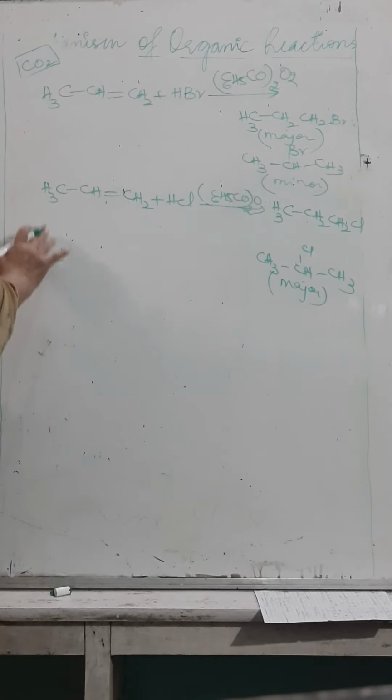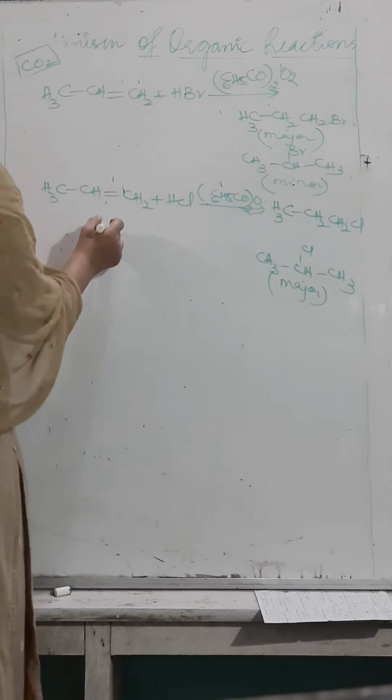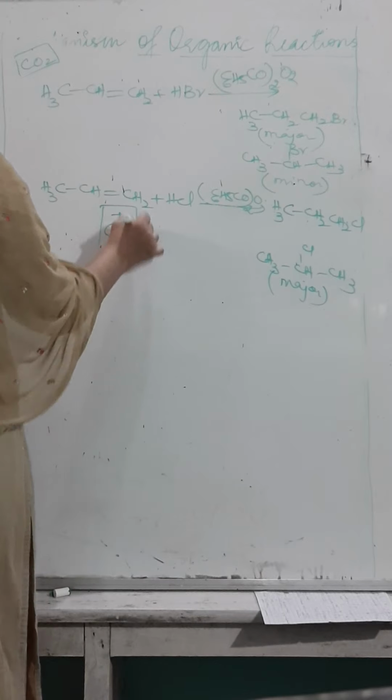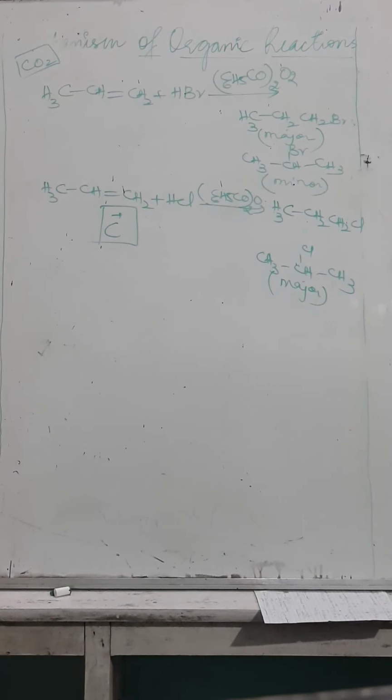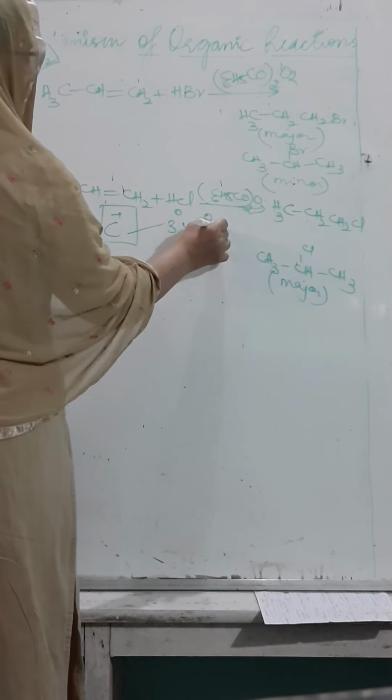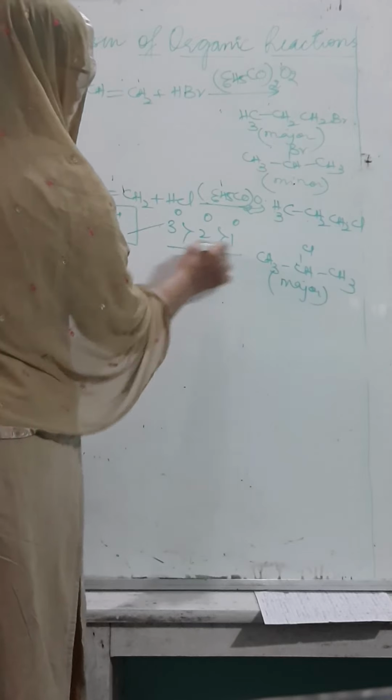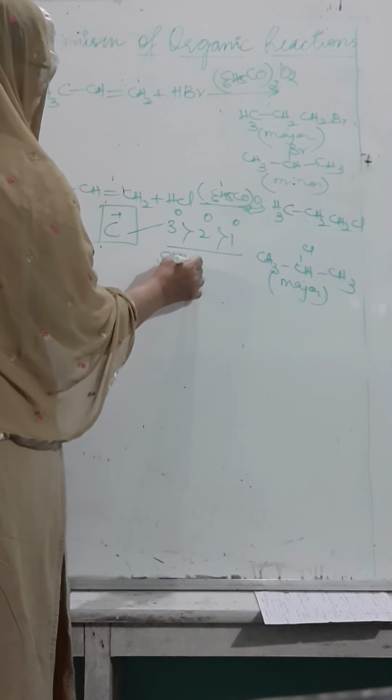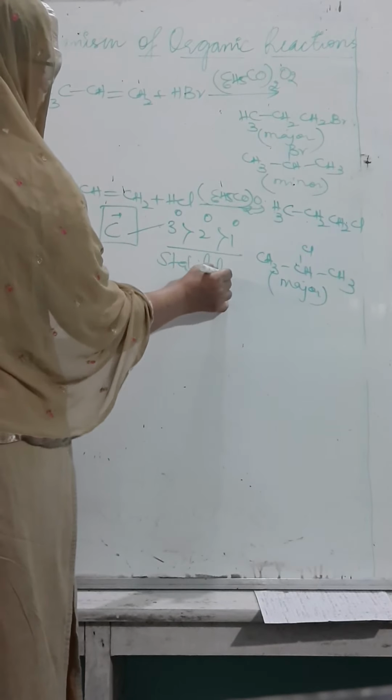Remember one thing, all these addition reactions take place by the formation of a carbocation. And according to stability, the order is tertiary, secondary, and primary carbocation.